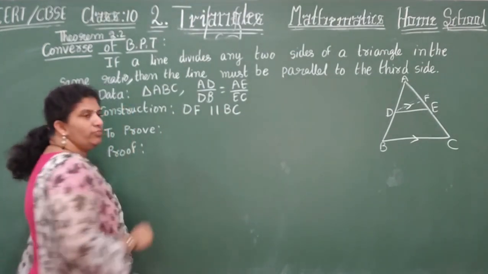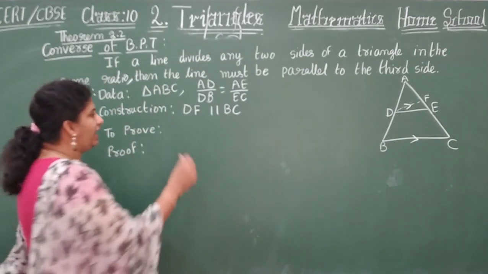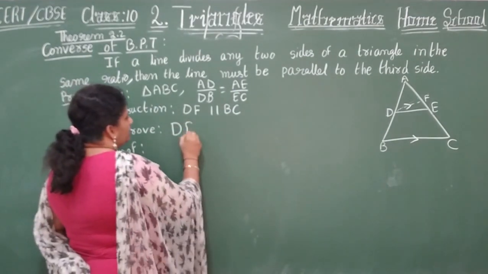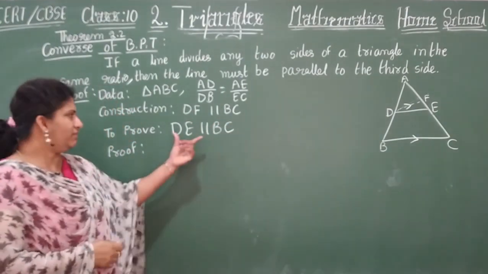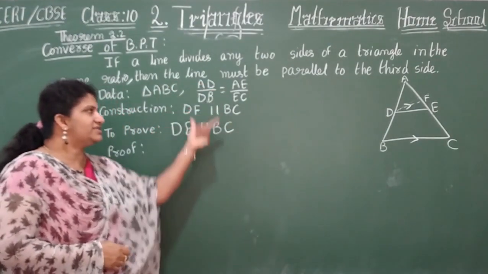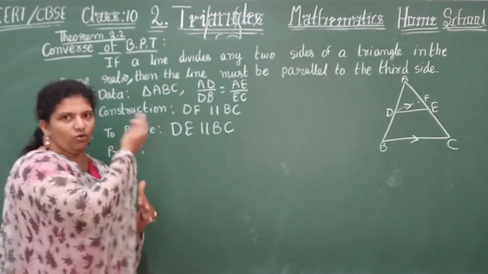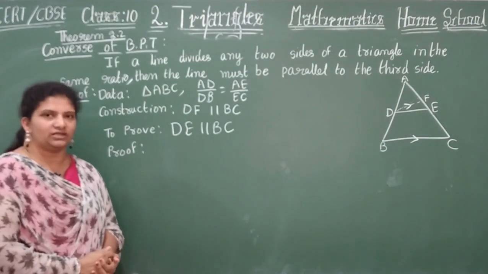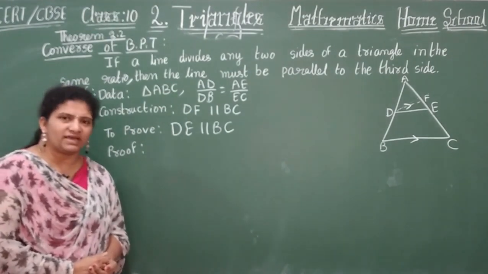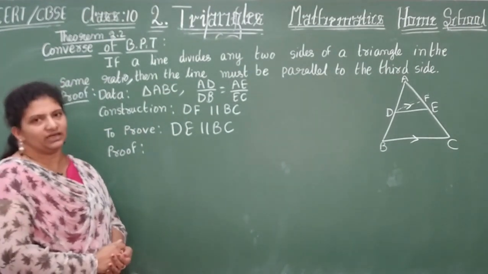Now what you need to prove is that DE is parallel to BC. Before the theorem, this was given in the data and this is what we have written to prove. Now just reverse. How do we start our proof, children? By applying the basic proportionality theorem.